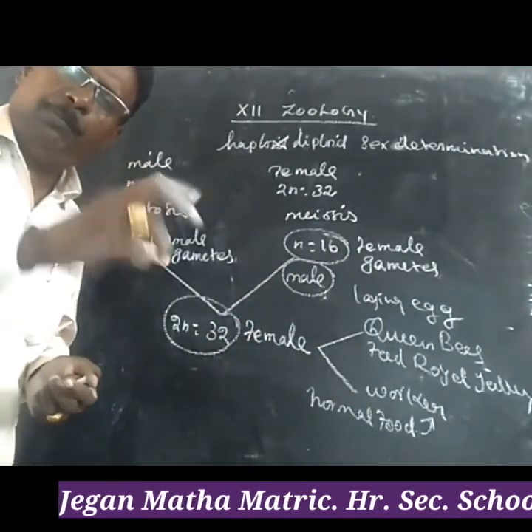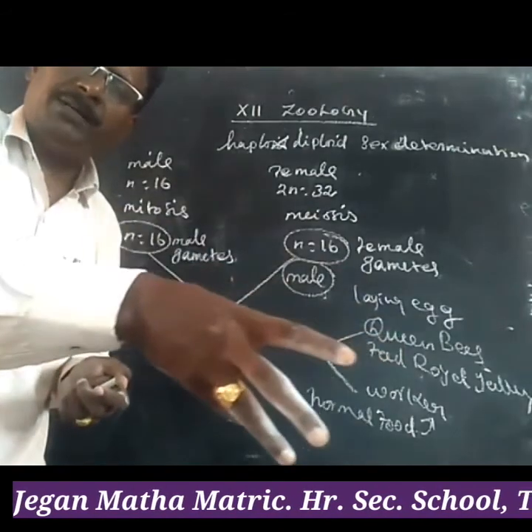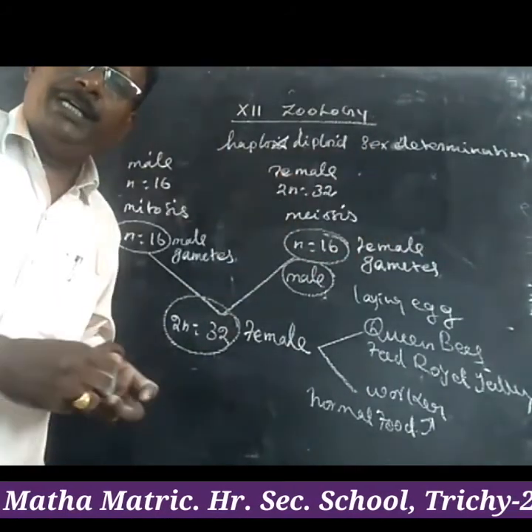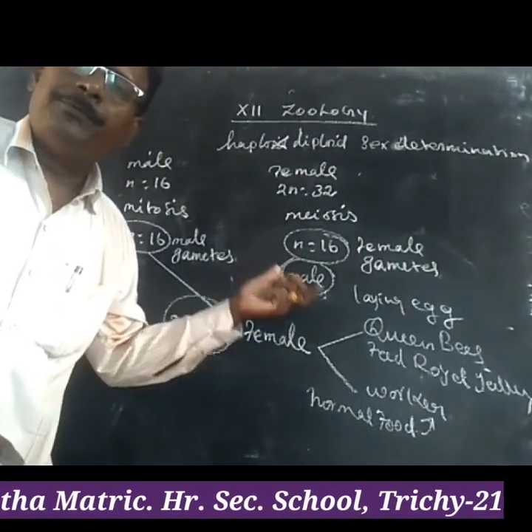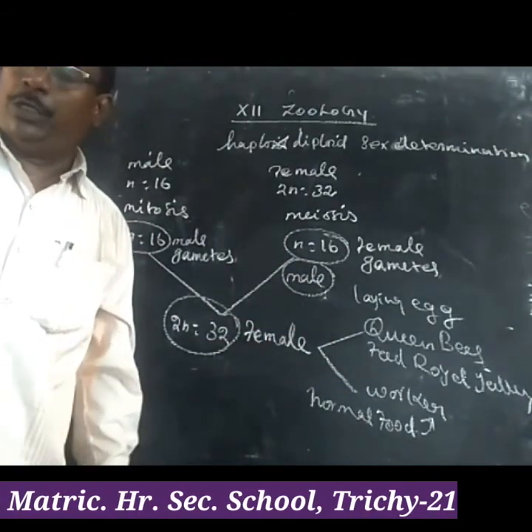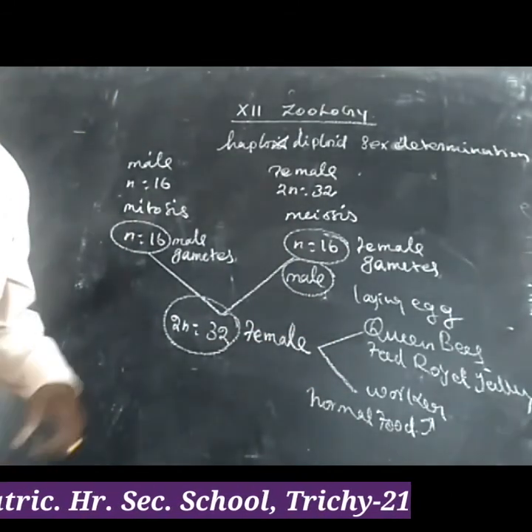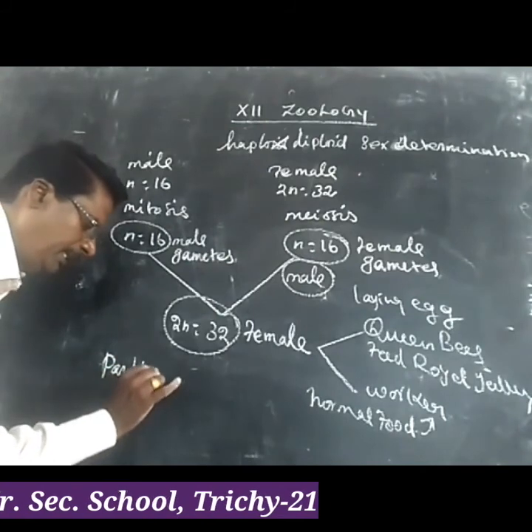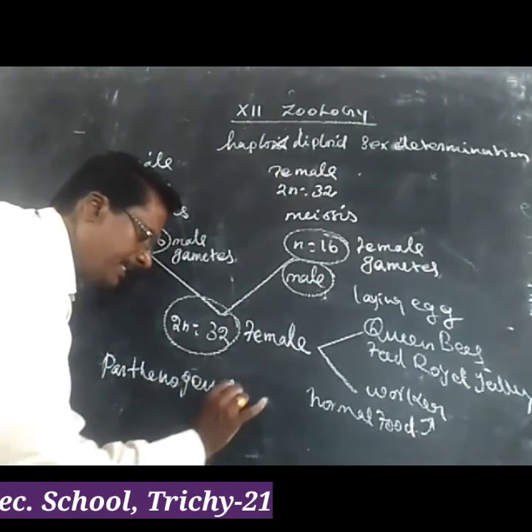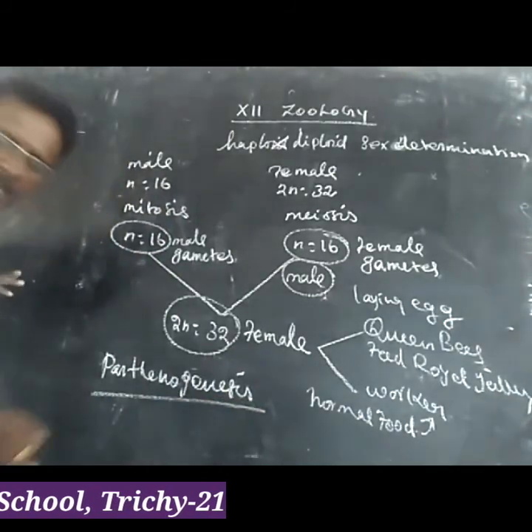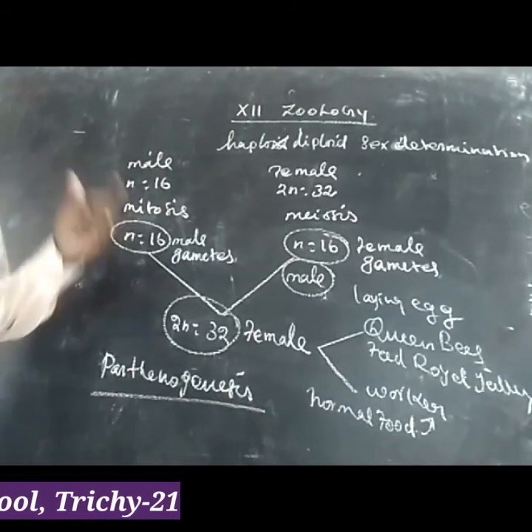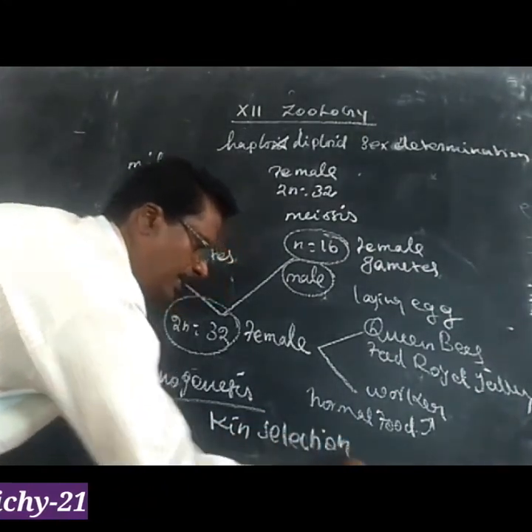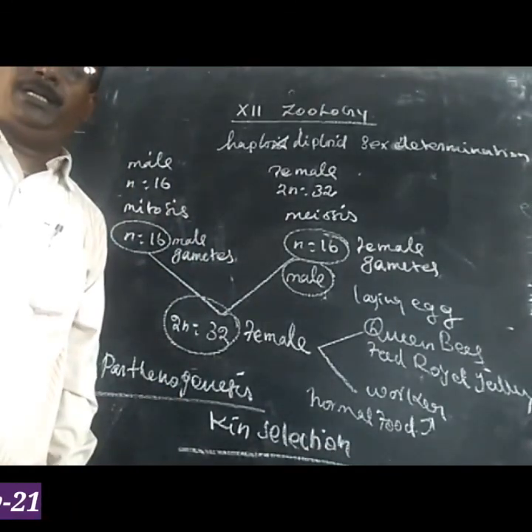If the egg is diploid, it becomes a female. If the egg is haploid, it becomes a male young one. This type of phenomenon is called parthenogenesis. Thank you very much, students.